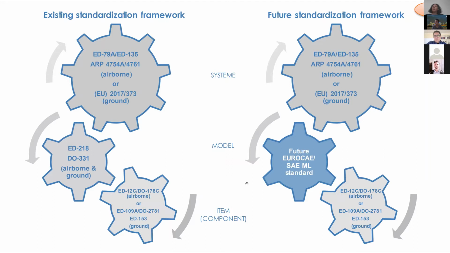So when we talk about the insertion of machine learning models and software into the avionics, we see this at the level of the model standard, and the interface will be done with the classical standard, which will not be affected. But we need to be very clear and very careful about the interfaces. Next slide, please.